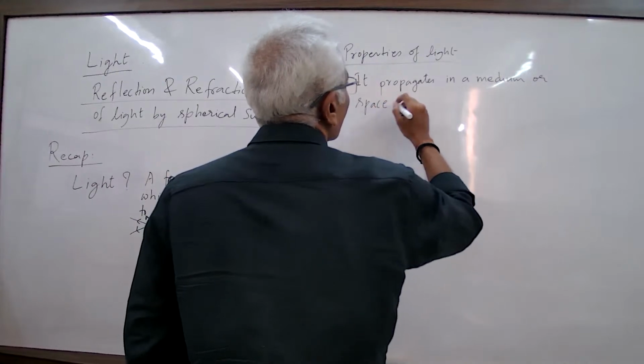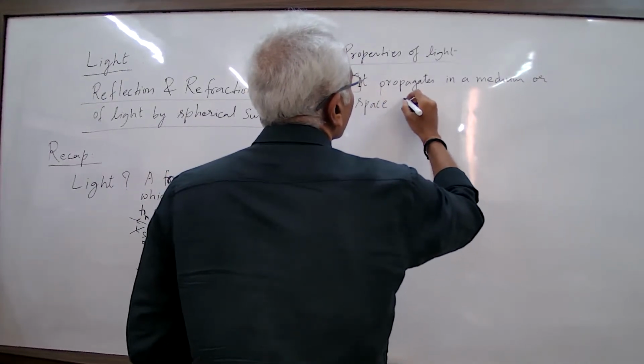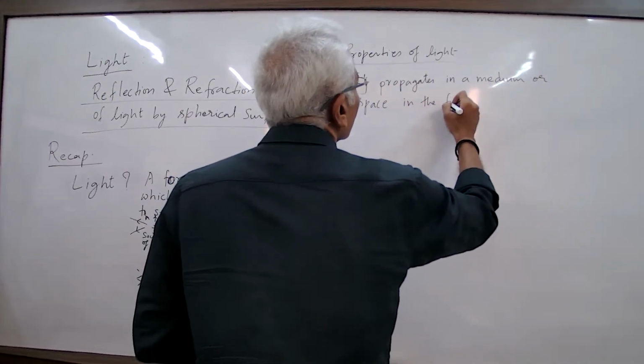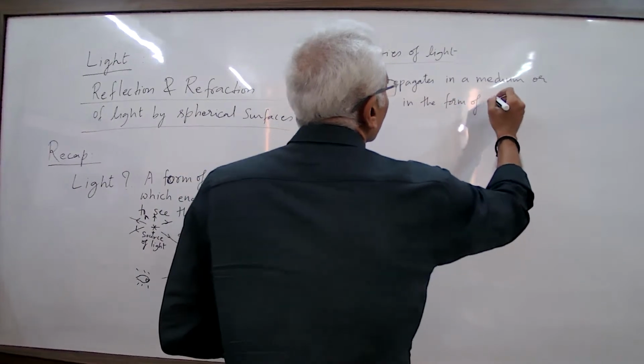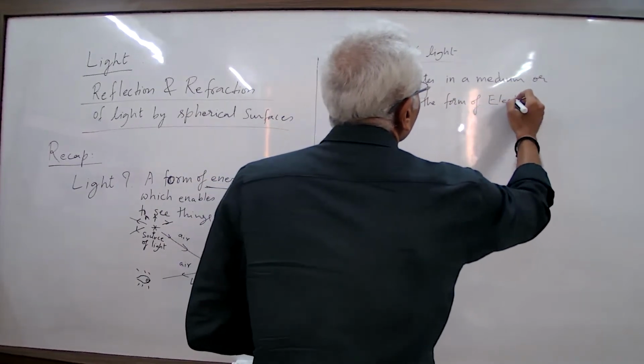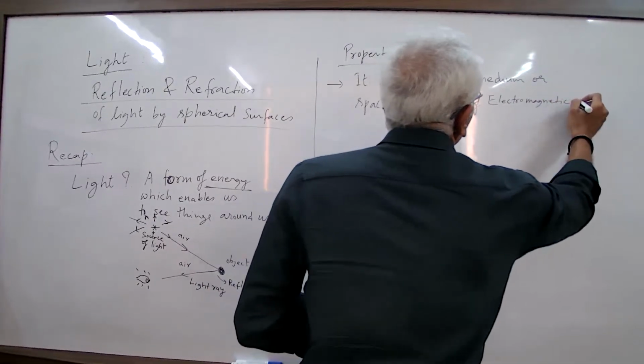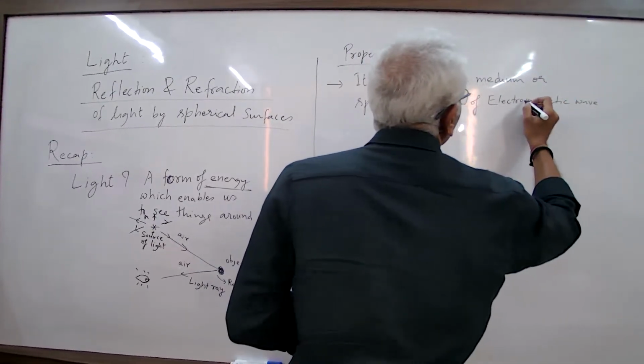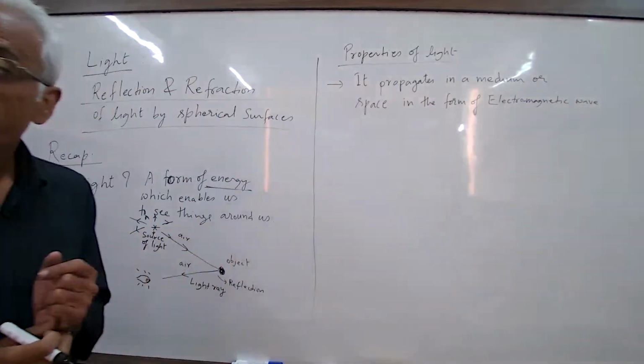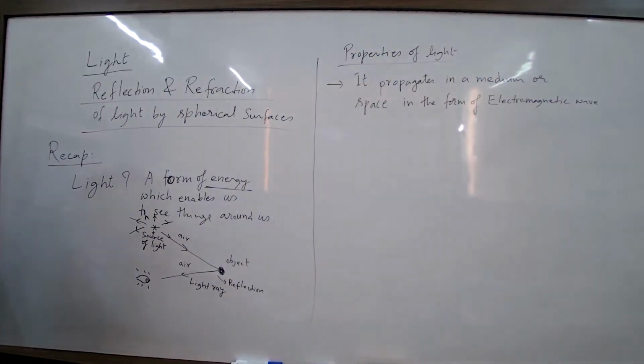Space is no medium. So first of all, light propagates in a medium in the form of an electromagnetic wave.